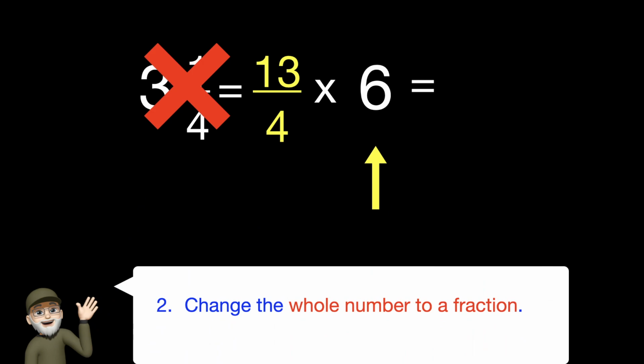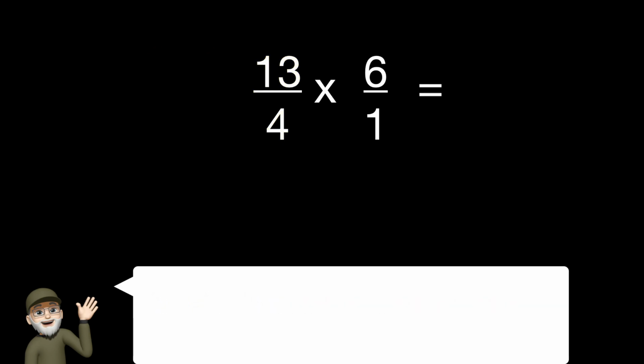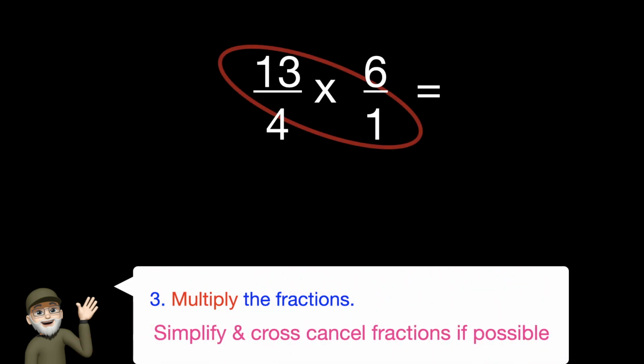Step 2 is that we change the whole number into a fraction by just writing it as 6/1. Step 3 is that we're going to multiply the fractions, but before we do that, it's always a good idea to simplify your fractions by using a cross-cancel strategy because it makes it easier to do it now than to have to simplify your fraction when it's real big later on.